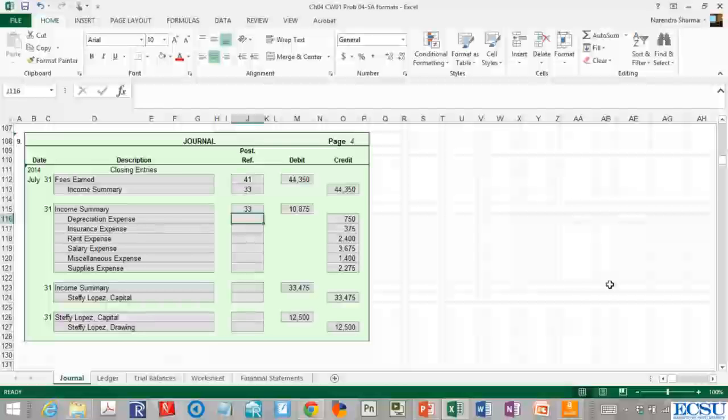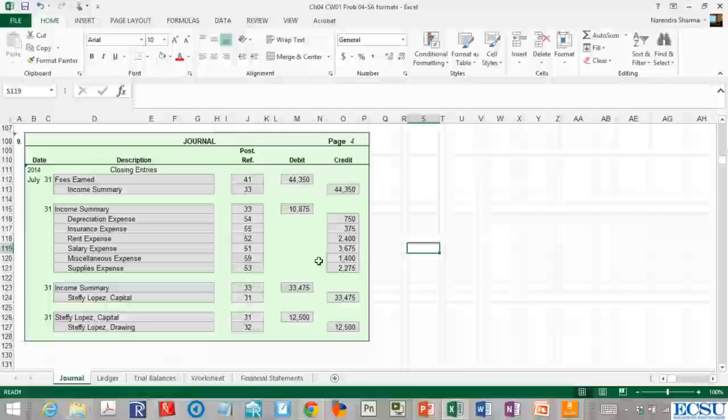Depreciation expense is 54, insurance expense is 55, rent expense was 52, salary expense was 51, miscellaneous was 59, and supply expense was 53. It would have been better if we had written the miscellaneous earlier, but I already wrote it, so I don't want to go back and change it. Income summary is again 33, and capital was 31. Capital is again 31, drawings is 32.